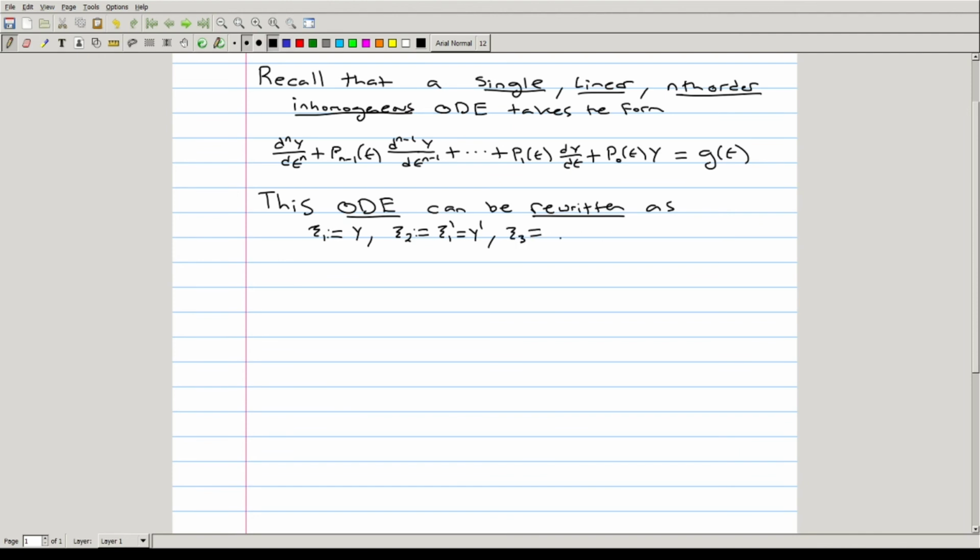Xi3 we'll define as xi2 prime, which in actuality is y double prime.